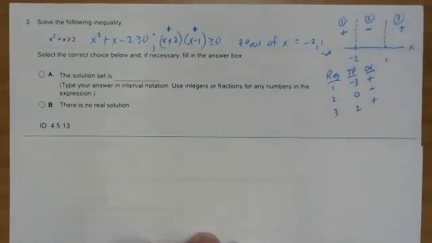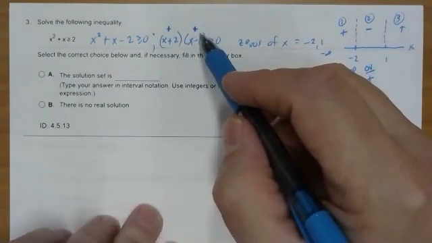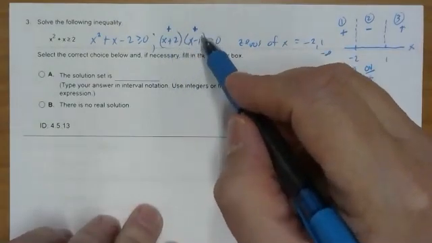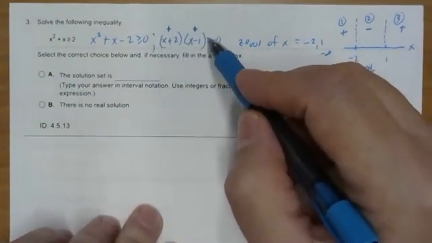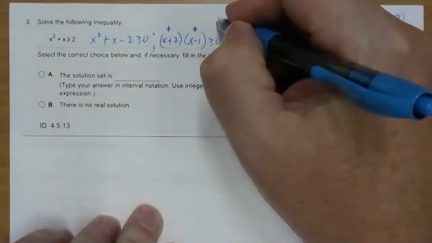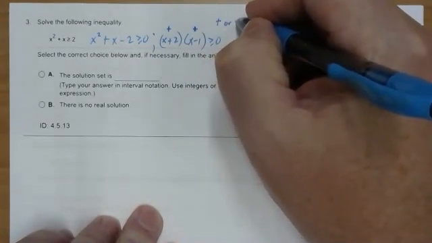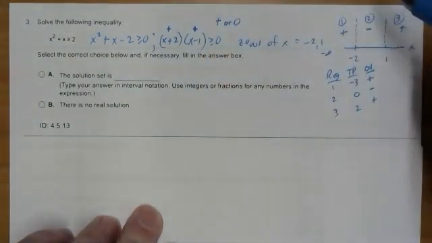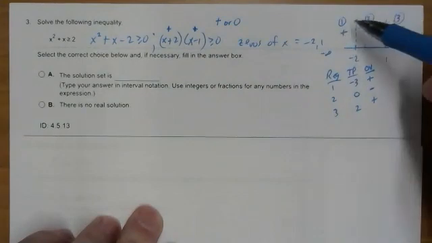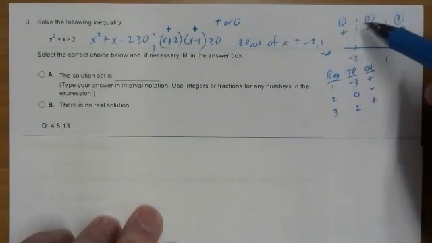Region 3 is positive. So once I've done this, now I go back to my original problem. I want to find the values of x that cause this expression to be greater than or equal to 0, which means I'm looking for the values of x where it's positive or 0. Well, here are my two regions. These are the positive regions. So I have to union these together as an interval.